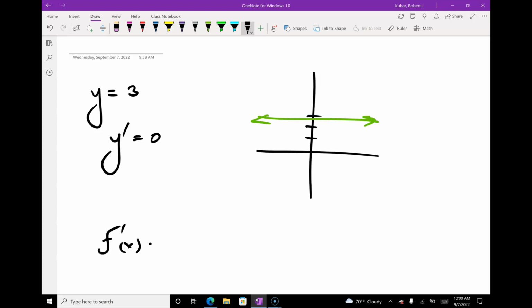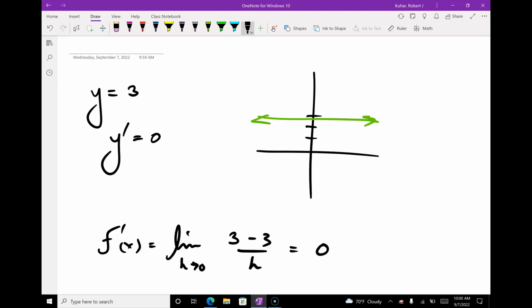F prime of x is the limit as h goes to 0 of what? 3 minus 3 over h, right? Remember, h never gets to 0. H gets really close to 0, but 3 minus 3 right away is 0. So 0 over 0.1, 0 over 0.01, just put them in.